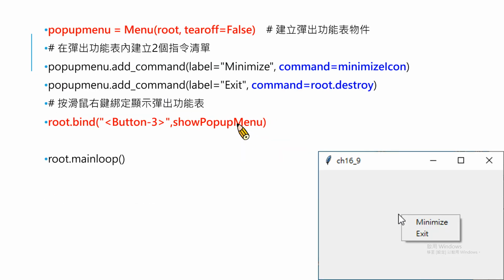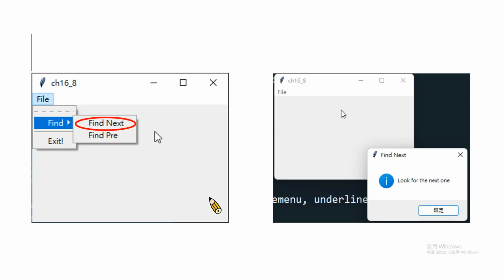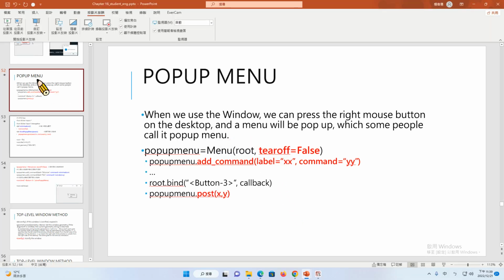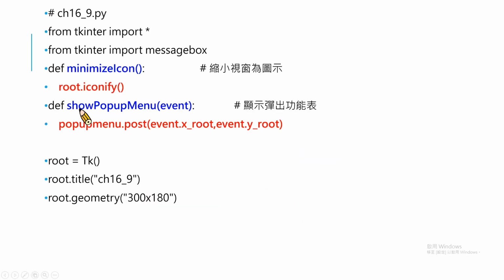So you see here we have no dashed line. Remember the tearoff parameter needs to be set to false. So let's see the example here.